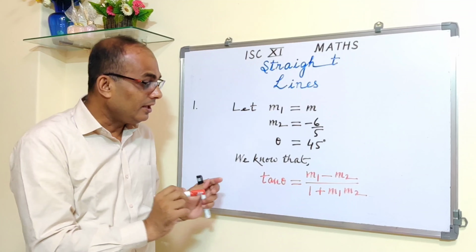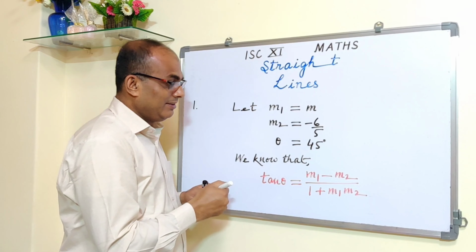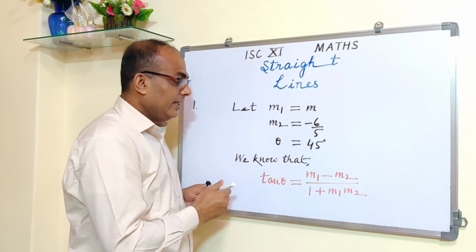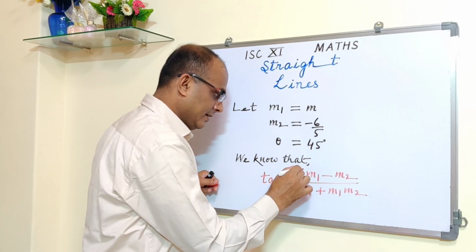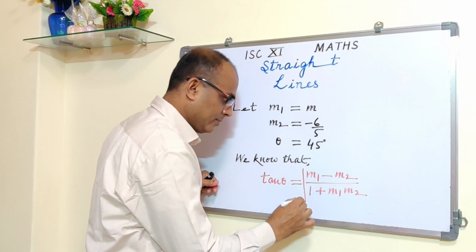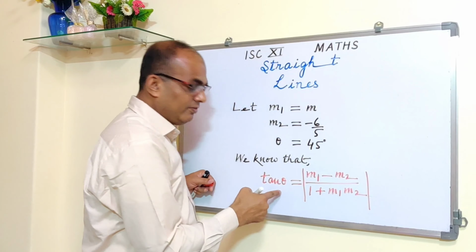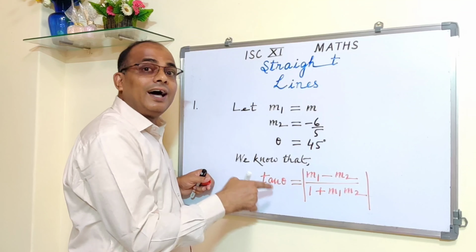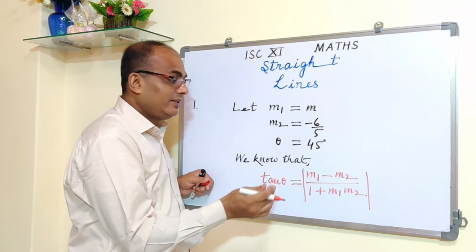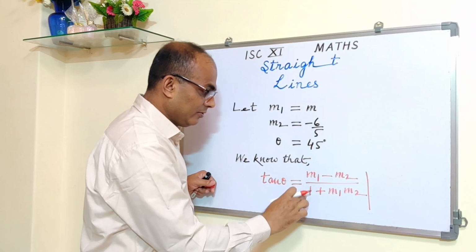Alright, but we have to take both the signs, plus and minus. If theta is acute, then you take the positive, then you put modulus. In our case, it's not given that theta is acute, so we are taking both the values, plus and minus.